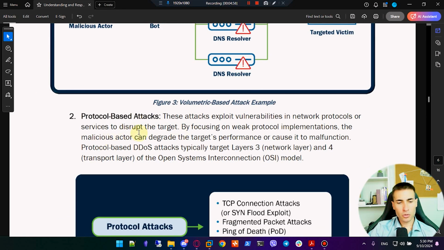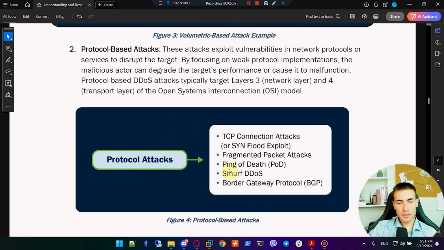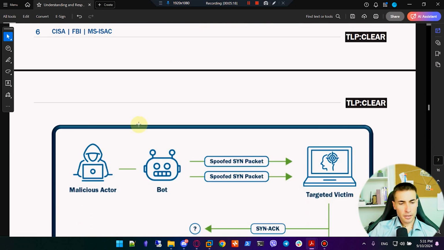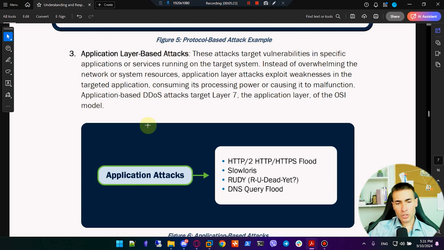We also have protocol-based attacks where the attack is focused more on the protocols and services. So certain protocols like TCP, IP, and others in certain scenarios allow for them to be attacked. In this case, the attacks happen on the network layer or the transport layer. And we have application layer based attacks. Application layer based attacks happen due to a couple of reasons.